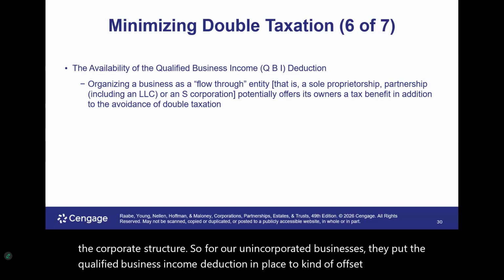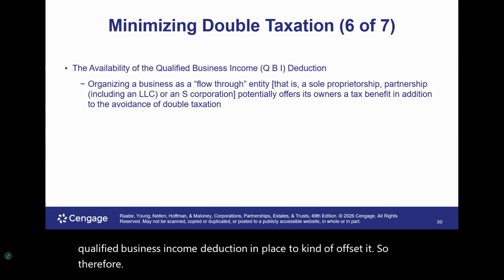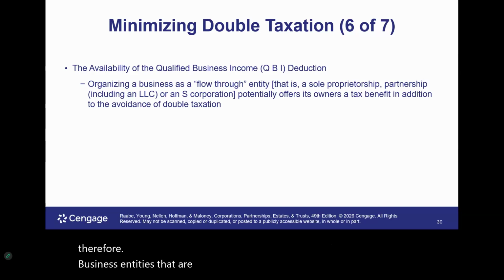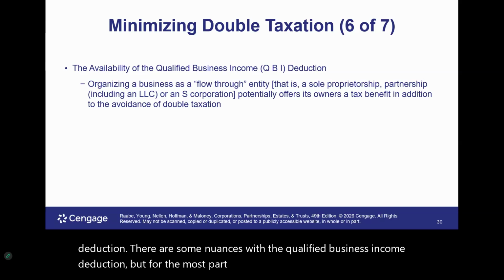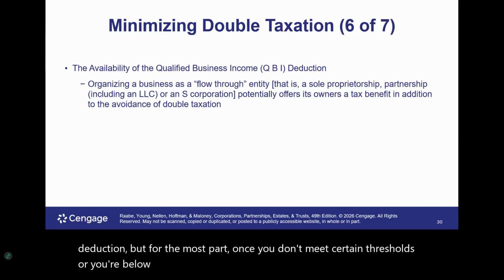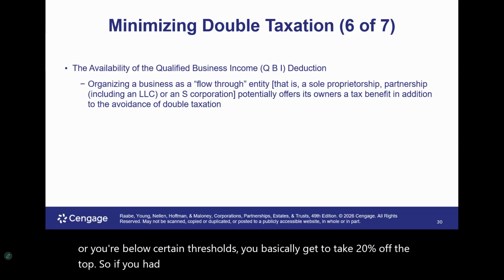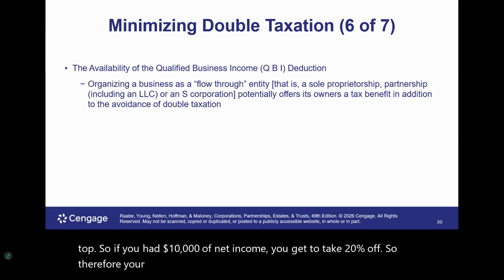Therefore, business entities that are unincorporated get to claim a 20% deduction. There are some nuances, but for the most part, if you're below certain thresholds, you basically get to take 20% off the top. So if you had $10,000 of net income, you get to take 20% off, so your taxability starts at $8,000, pretty much. That's just a very simple example.